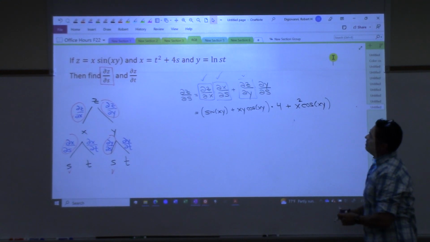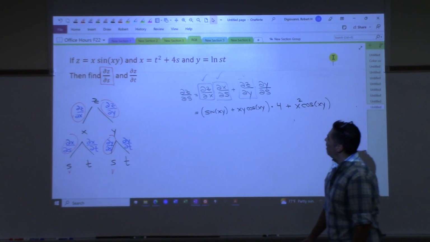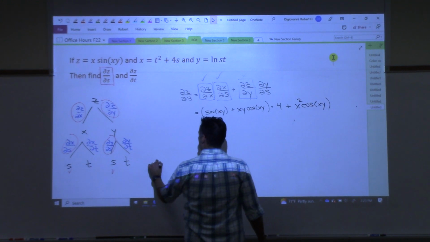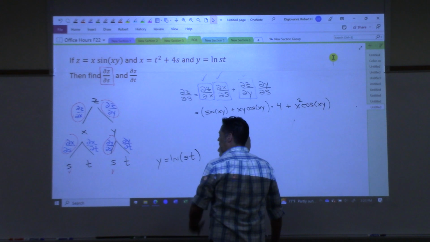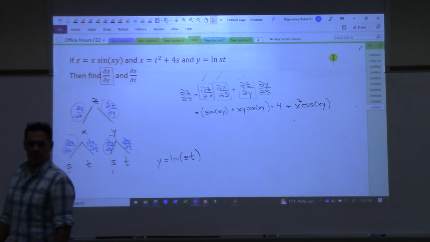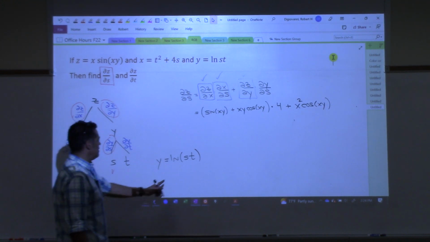And finally, the partial of y with respect to s. That's kind of bad notation, but let me see. y is equal to the natural log of st, s times t. So if I want the derivative of that with respect to s, I treat t like a constant.